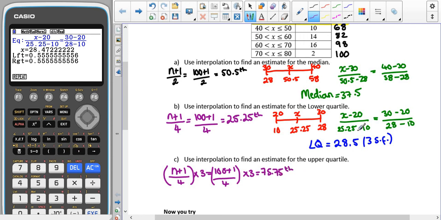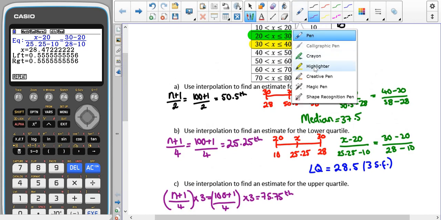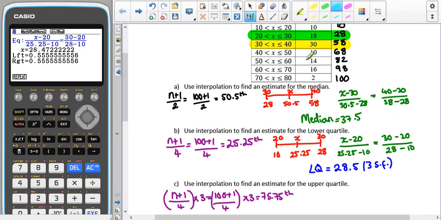75.75 piece of data. So again, having a look back at our cumulative frequency that we added onto our table, we can see here that this 40 to 50 interval gives us 68 pieces of data by the end, and the next interval goes from 50 to 60 and that has 82 pieces of data by the end of it, which is too far. We want the 75.75 piece of data, so it's going to be somewhere in this interval that our upper quartile lies.